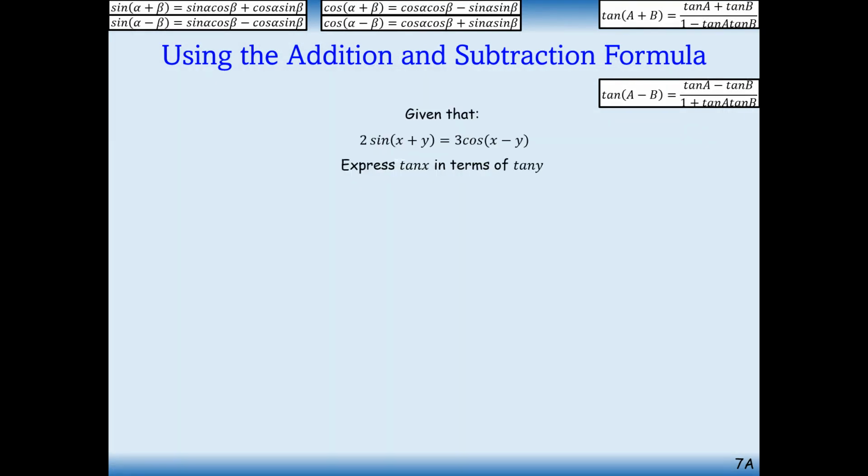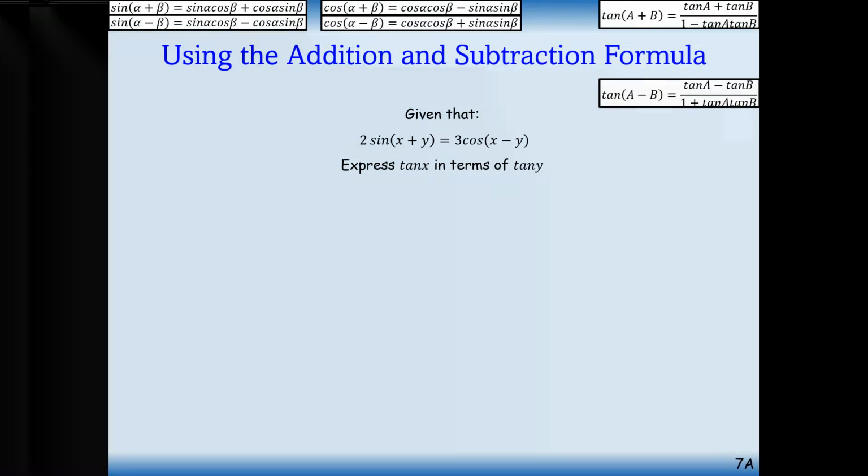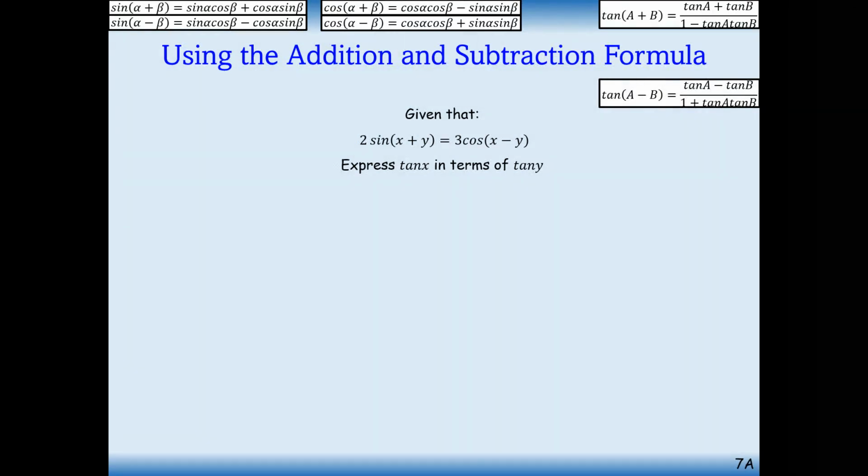So let's understand this problem. In this last example, we've been given an equation, 2 sine of x plus y equals 3 cos of x minus y, and we have been asked to express tan of x in terms of tan of y.